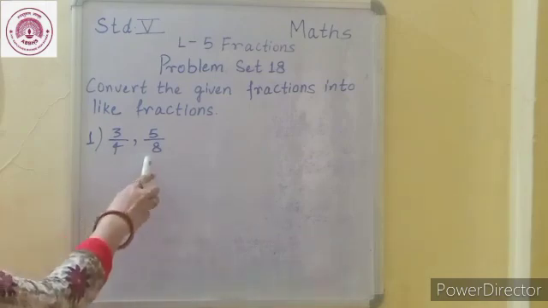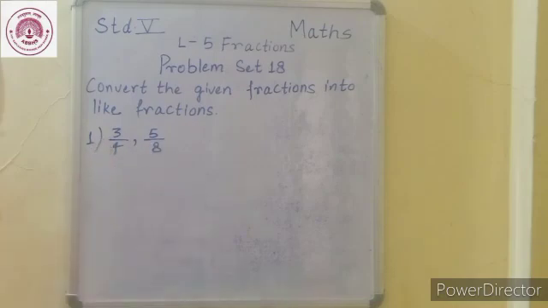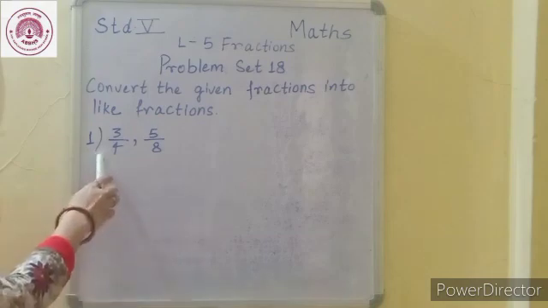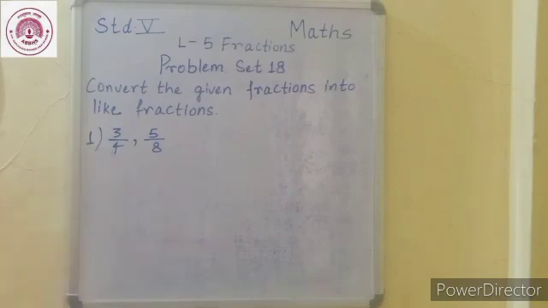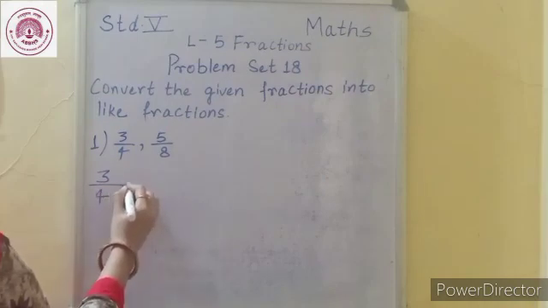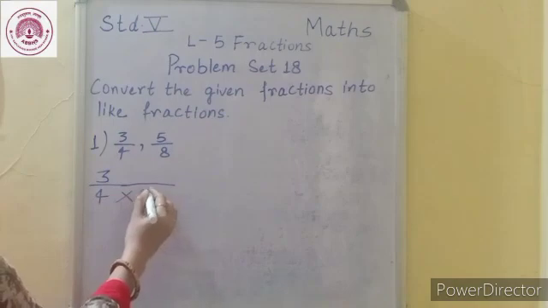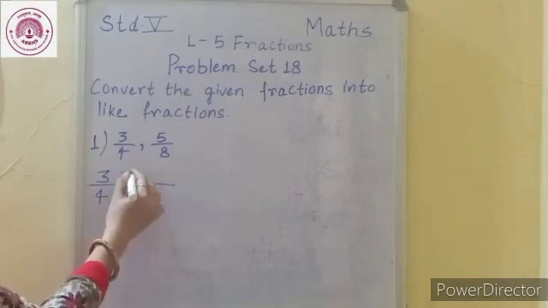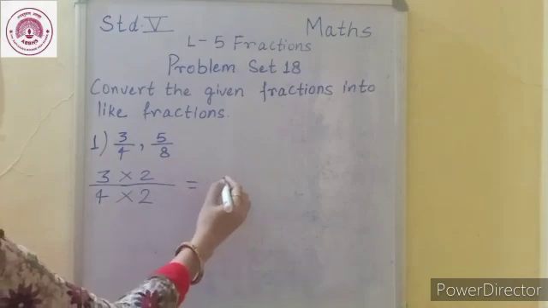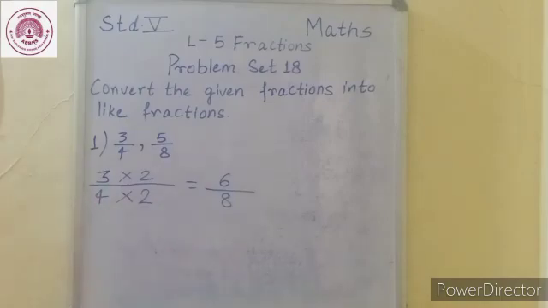We can observe that 8 is twice of 4. So, we can simply make the denominator of this fraction 8. So, taking 3 by 4 and multiplying the numerator and the denominator by 2, we get 6 as the numerator and 8 as the denominator.